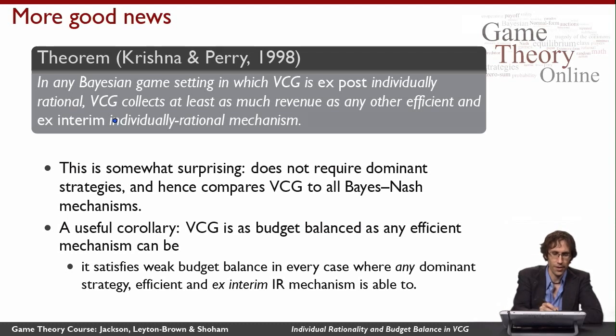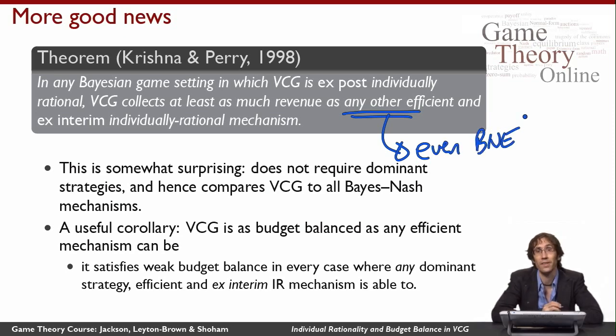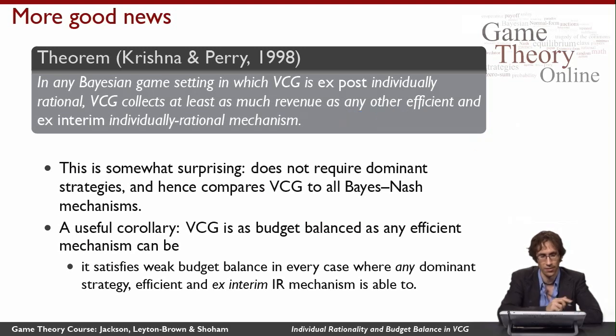And what it says is, VCG collects at least as much revenue as any other efficient mechanism. A thing to notice here is, even if that mechanism only uses Bayes-Nash equilibrium, we're not assuming that this other mechanism is dominant strategy efficient. So this other mechanism gets to be drawn from a much bigger pool, the dominant strategy mechanisms and the Bayes-Nash equilibrium mechanisms.